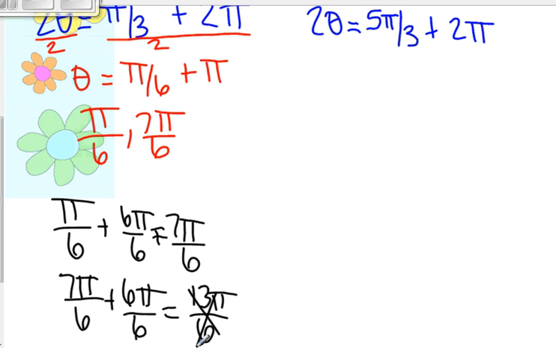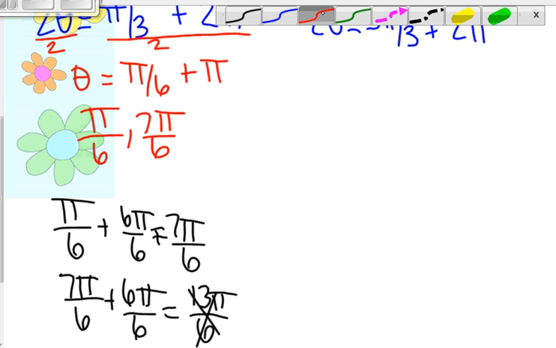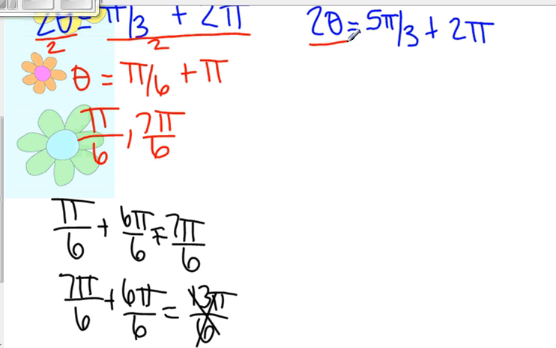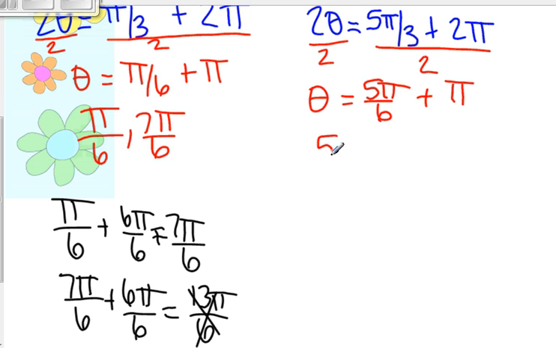So now we're going to do the second one over here. We're going to divide everything by 2. So we get theta equals 5 pi over 6 plus pi. So 5 pi over 6 is going to be our first value.